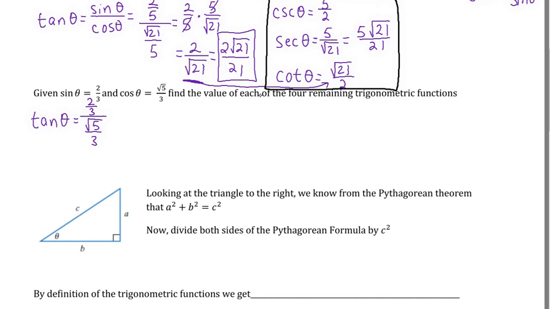So that's 2/3 divided by square root 5/3, which is 2/3 times 3 over square root 5. That's 2 over square root 5, which is 2 square root 5 divided by 5. There's our tangent theta.